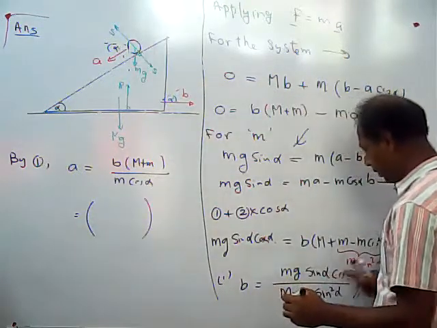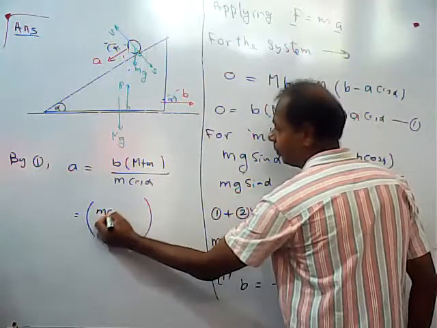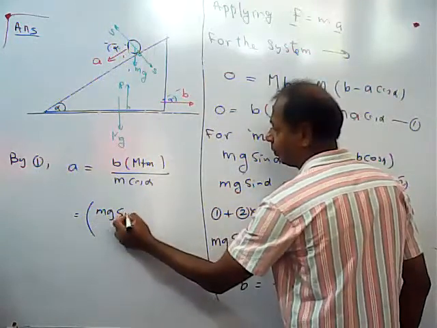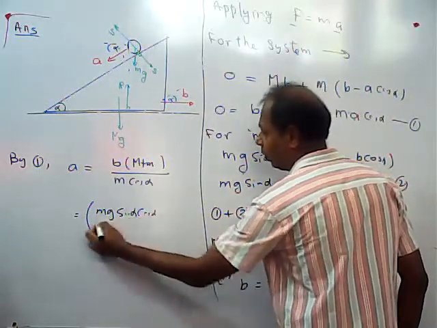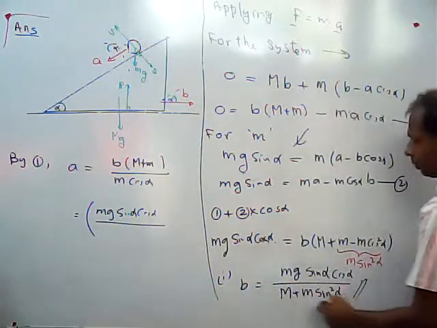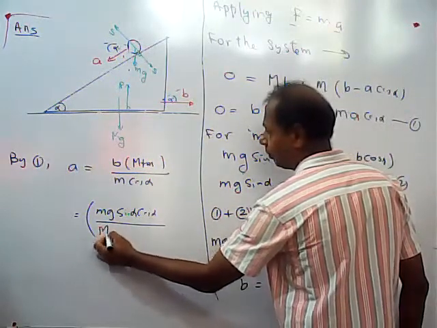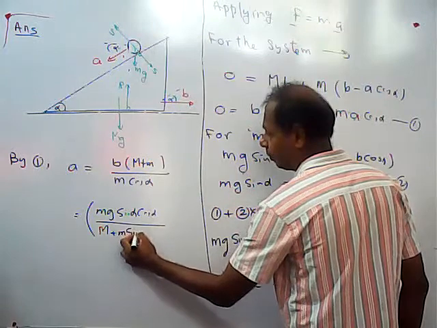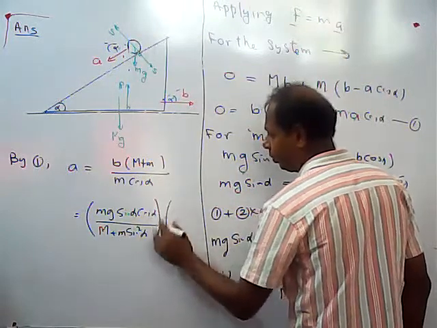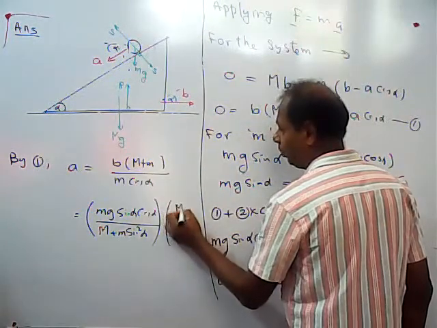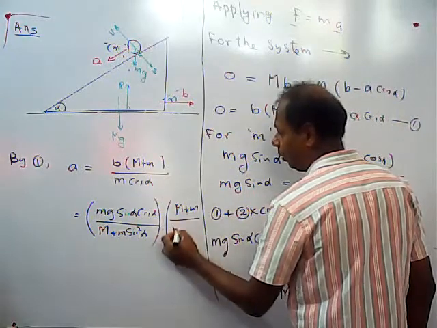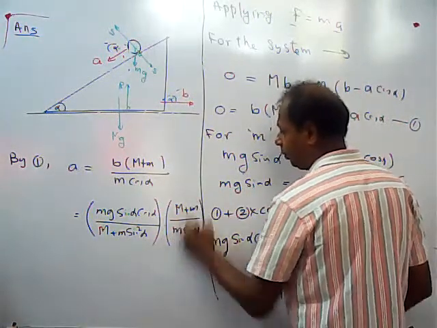B is this, MG sin alpha cos alpha over m plus M sin squared alpha, into m cos alpha.